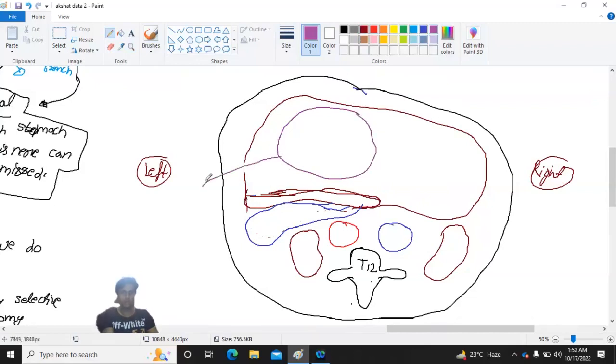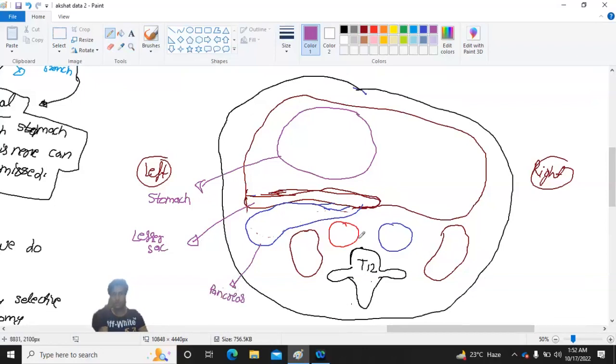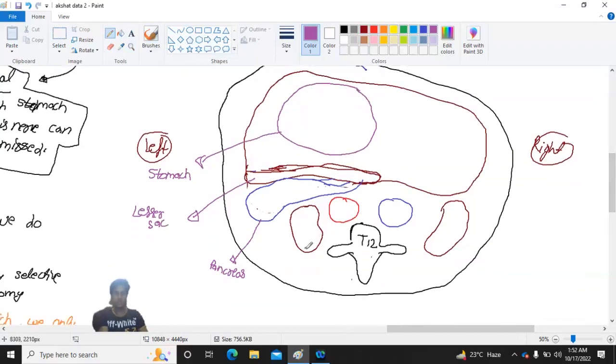So first we label it: stomach, lesser sac, pancreas, left and right kidneys, left kidney and right kidney, all. Abdominal aorta, aorta.